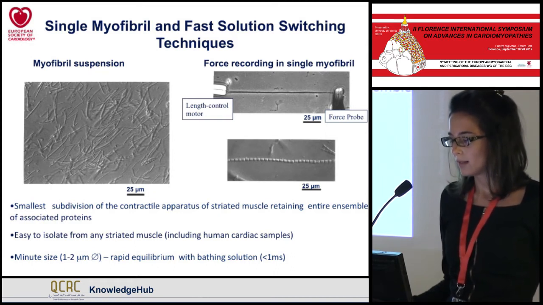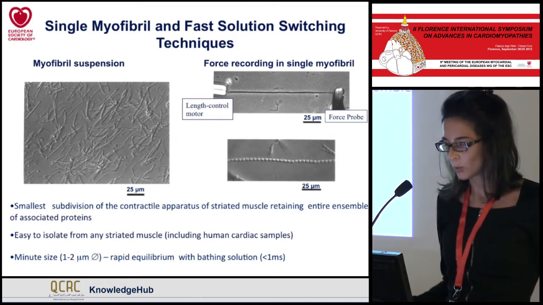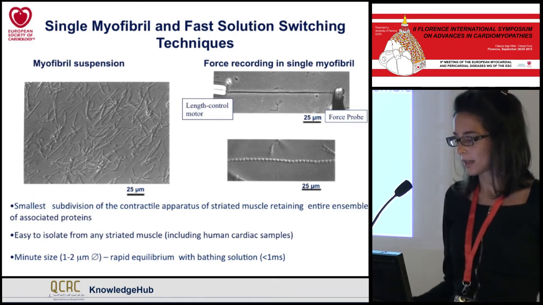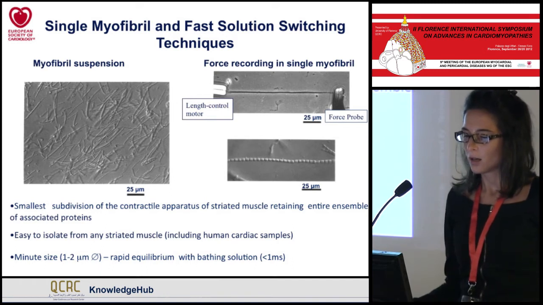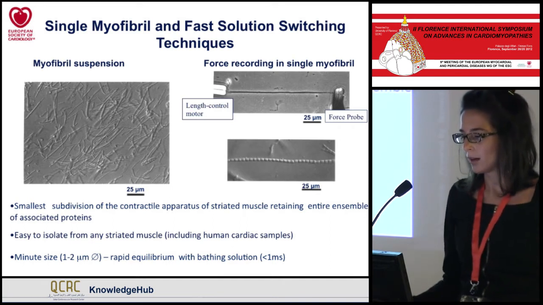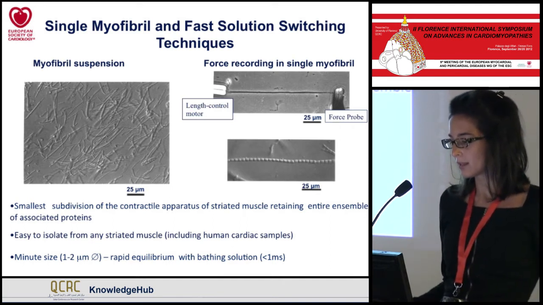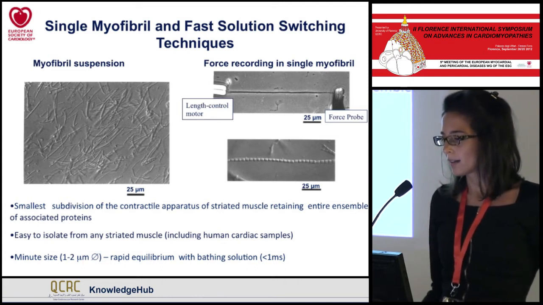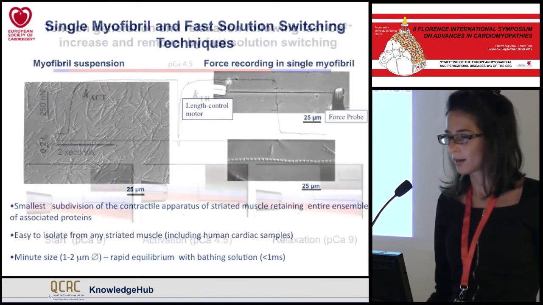Myofibrils are also quite easy to isolate from any striated muscle, including human cardiac samples. And then we can work with minute size, and that permits rapid equilibrium with the bathing solution in less than 1 millisecond. For that reason, we can work with a fast solution switching technique.